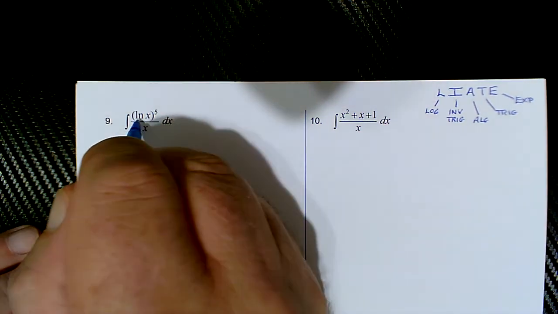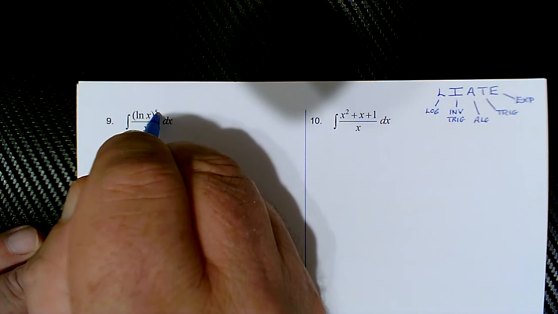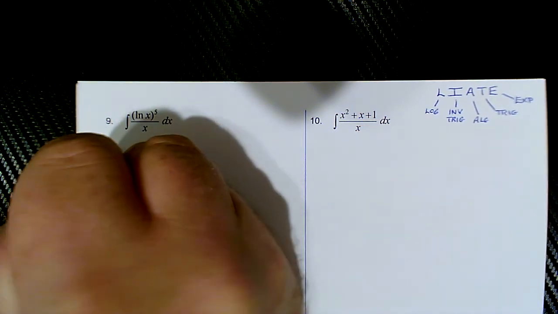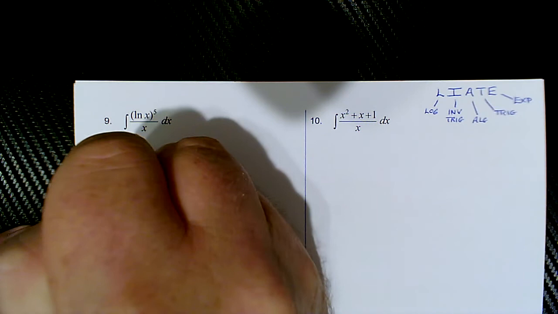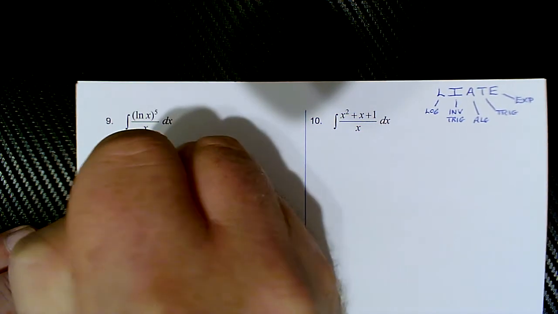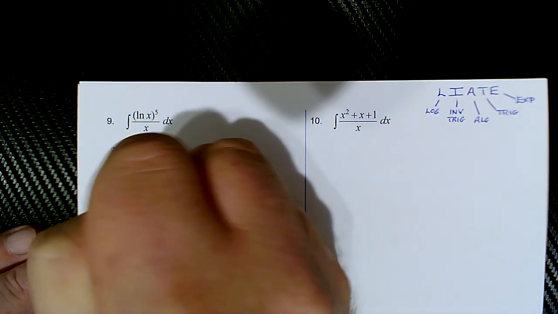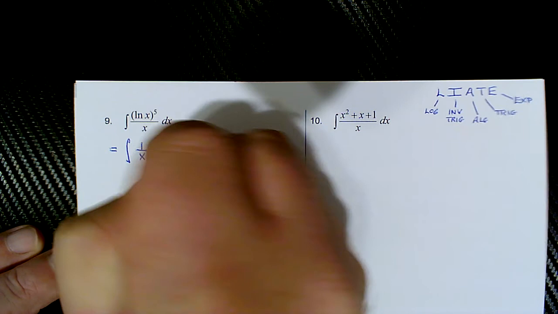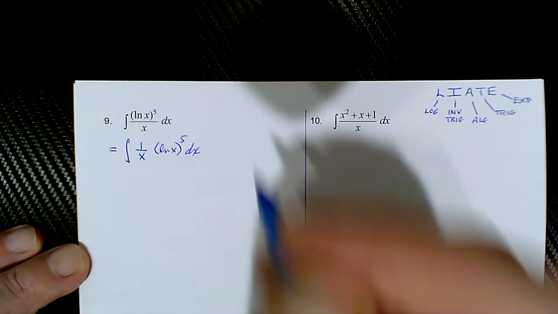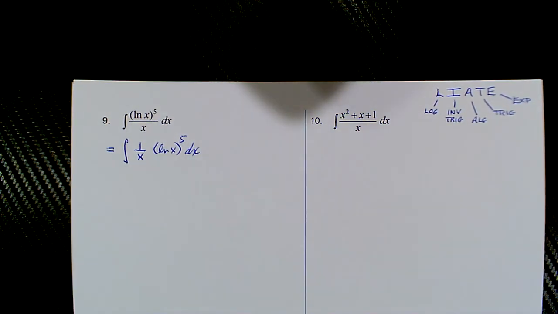So instead of writing this as the natural log of x as a quantity to the 5th over x, I'm going to choose to rewrite it as 1 over x times the natural log of x as a quantity to the 5th with respect to x, to highlight the fact that the 1 over x is the derivative of the natural log of x, and it's kind of isolated there.